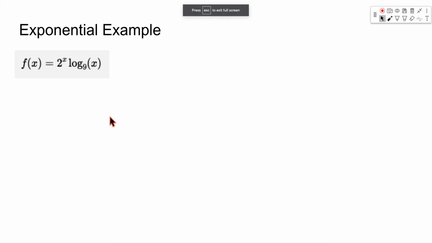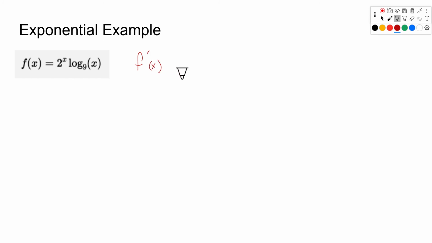So let's take a look, and we'll tie both of them in here. We've got 2 to the x times log base 9 of x, and we want to take its derivative. So what rule do we have to use here, though? Product rule, good, because we do have a multiplication, so we're actually going to do an exponential and a logarithm.